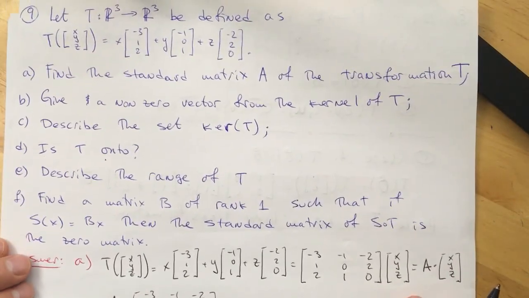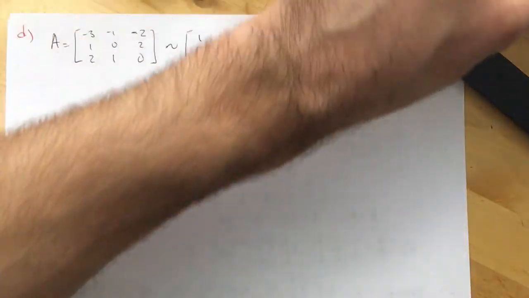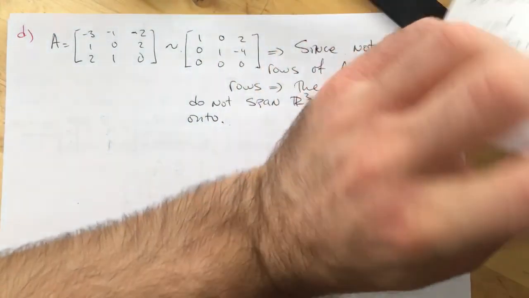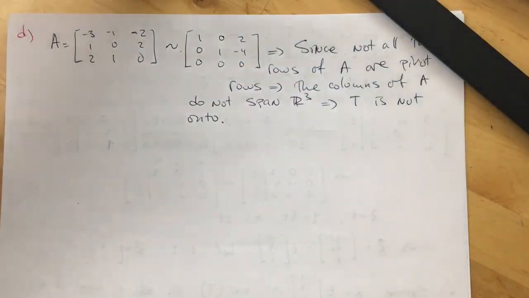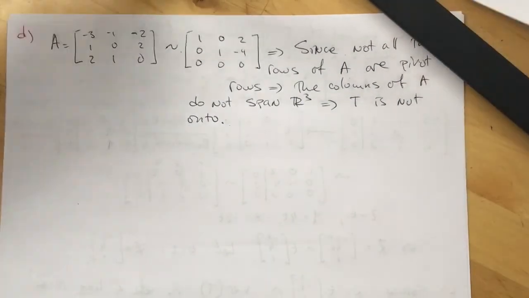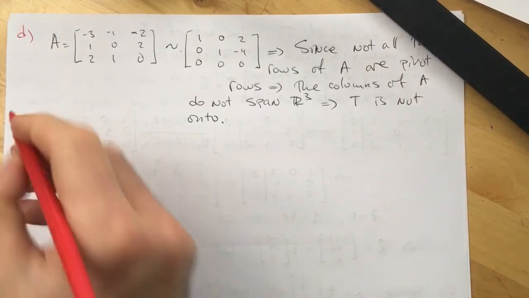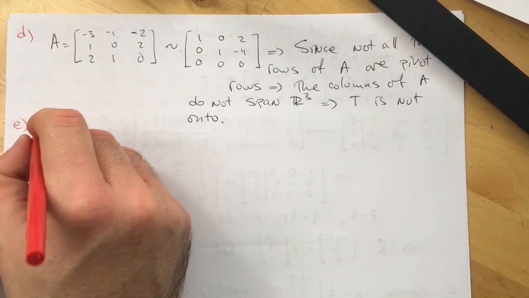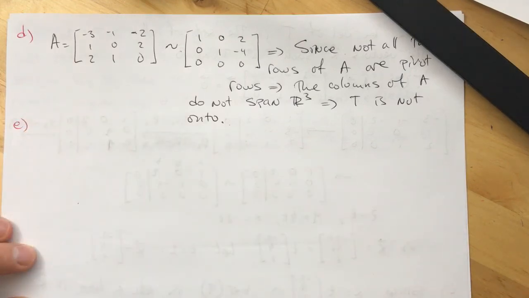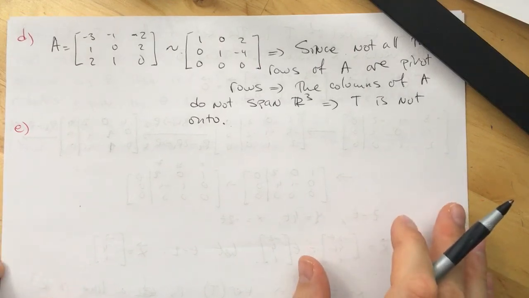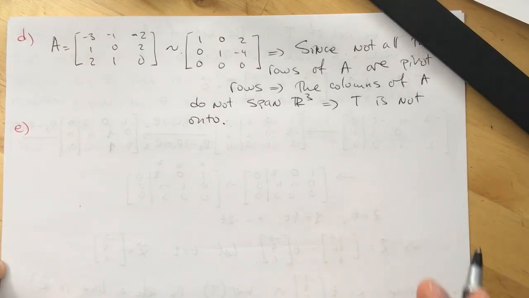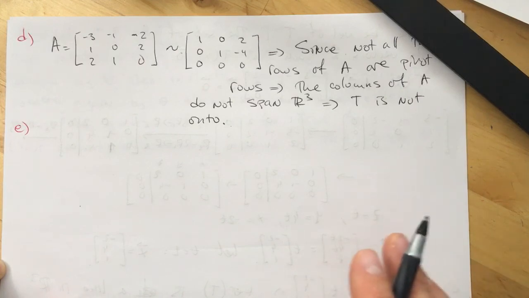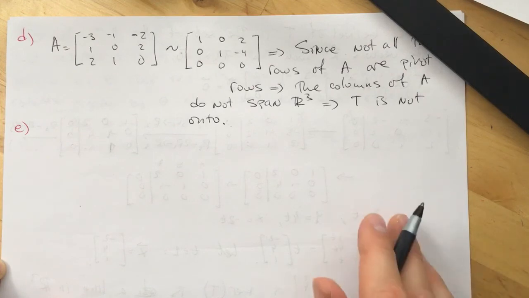Now for part E we have to work a little bit. Part E says describe the range of T. We want to see what the range of T is, or we find the set where all the images under the transformation T land, right?